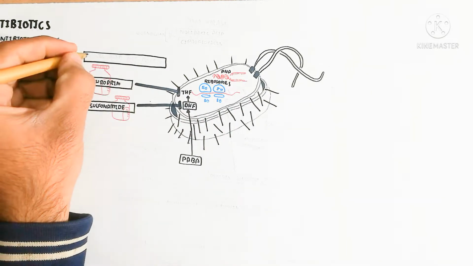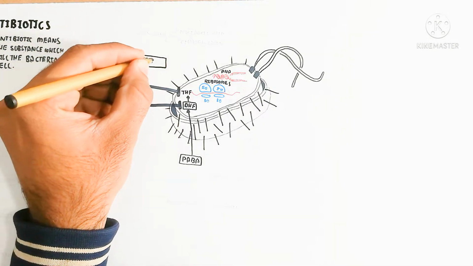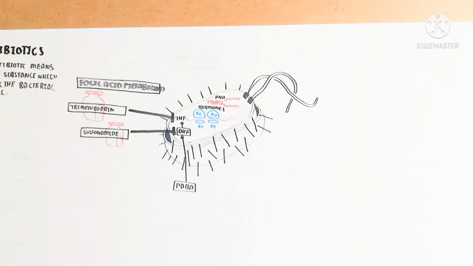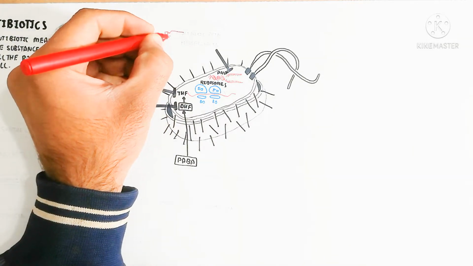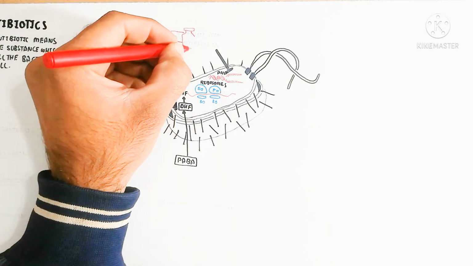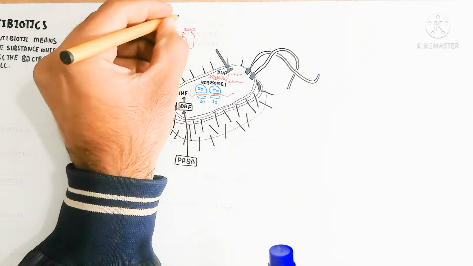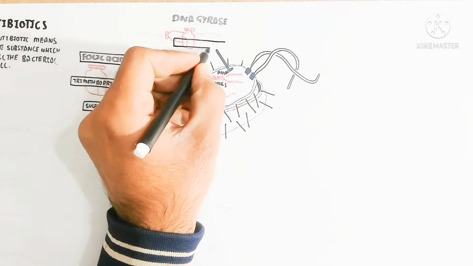This is folic acid metabolism inhibition, and folic acid metabolism is very important for the normal growth of the bacteria. So it will be inhibited by these two types of antibiotics, and the result is that the bacteria will be damaged and killed.